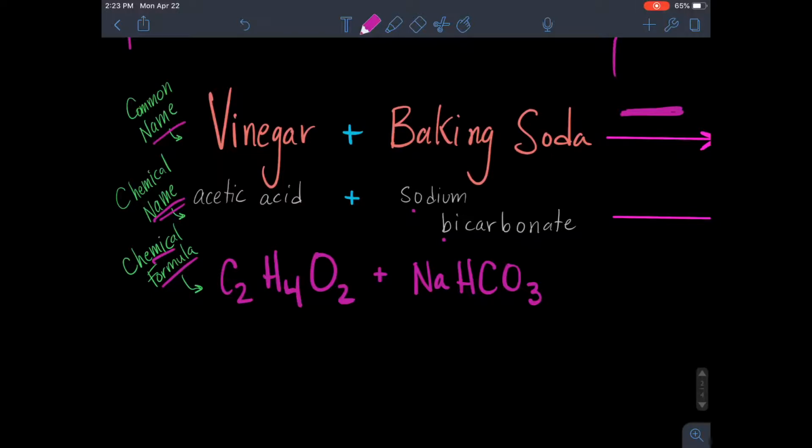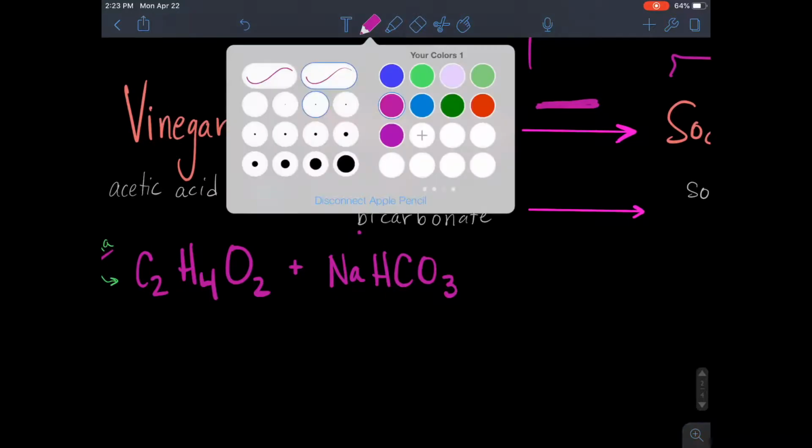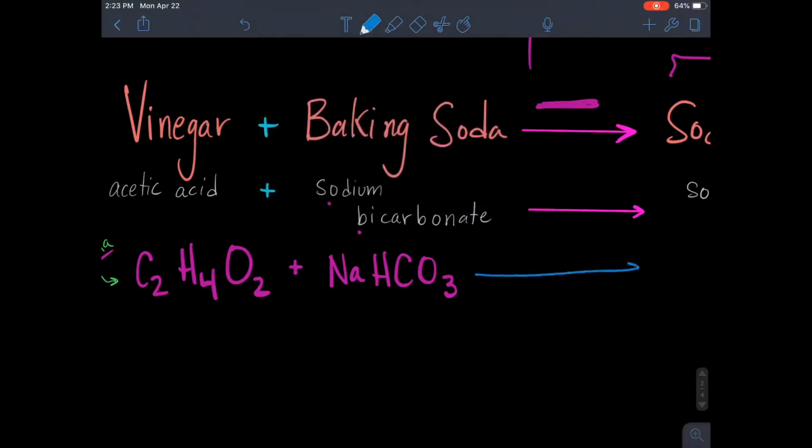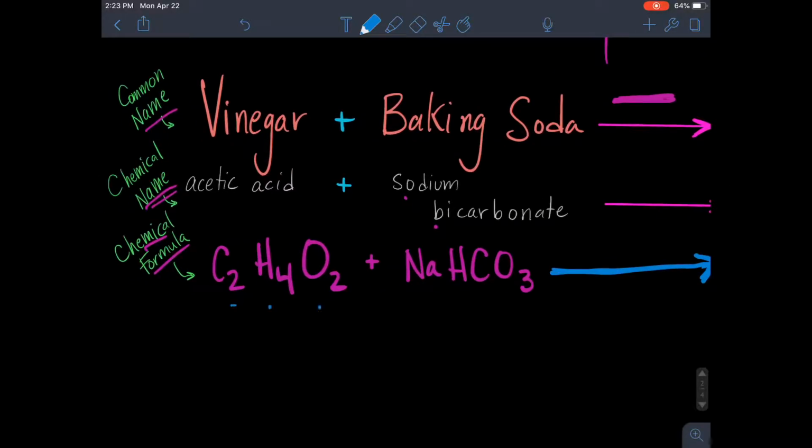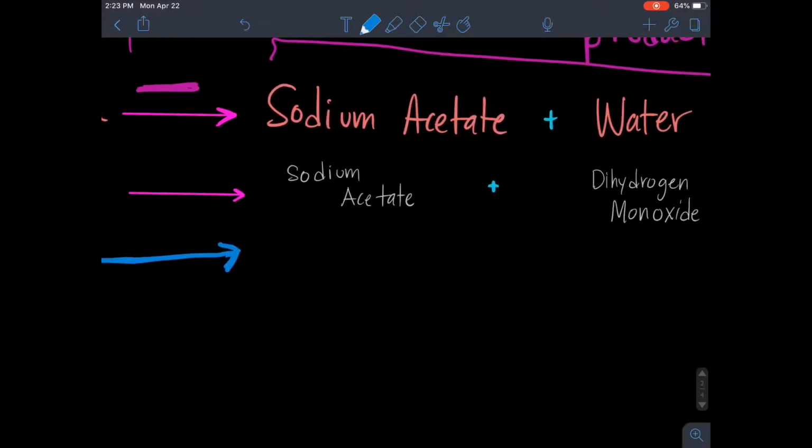That makes a sodium bicarbonate molecule. So when C2H4O2 is added to NaHCO3, we end up creating some new products. But again, remember that these products have to be made out of these same types of atoms. So let's see what it makes. We end up with some sodium acetate.